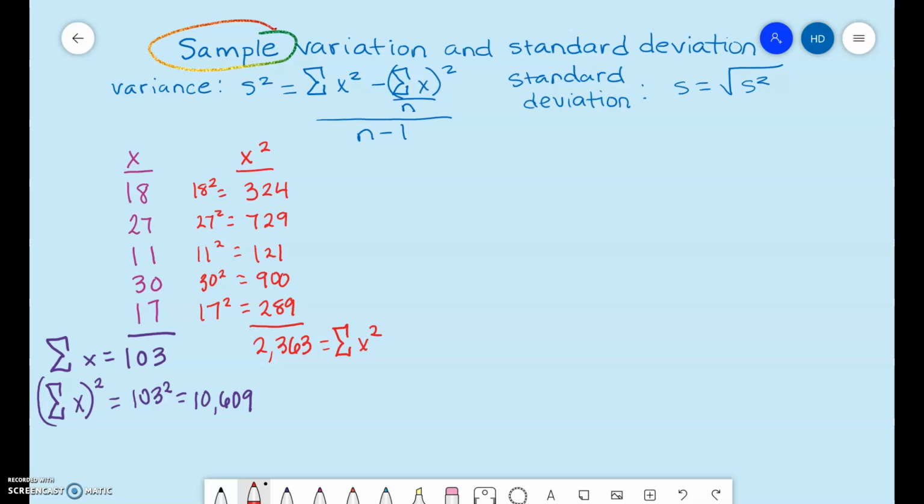So now we just need to plug into our formula. For the variance, we're going to do s squared, and we need the sum of x squares. So the sum of x squares is this number right here, 2363.